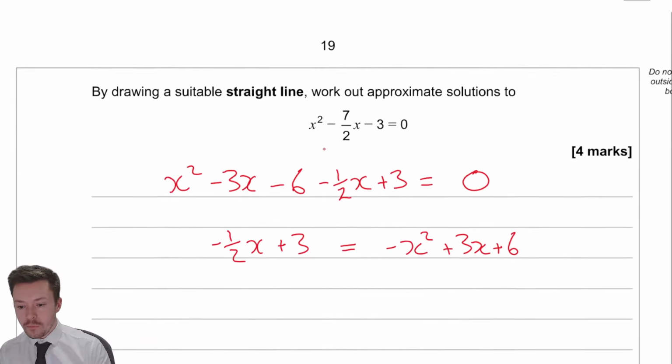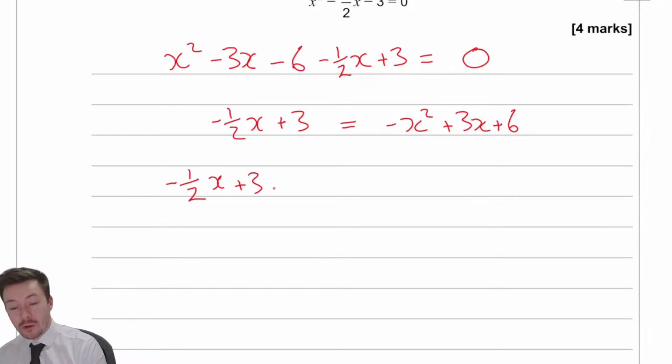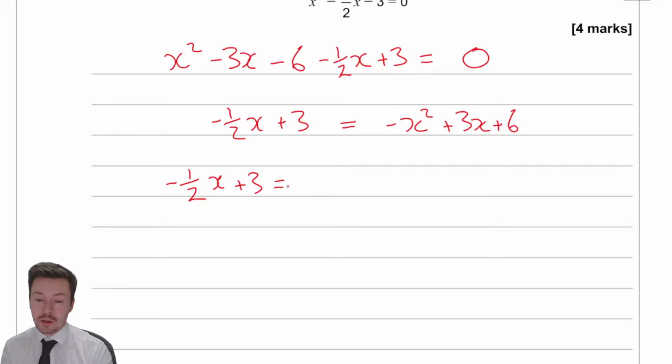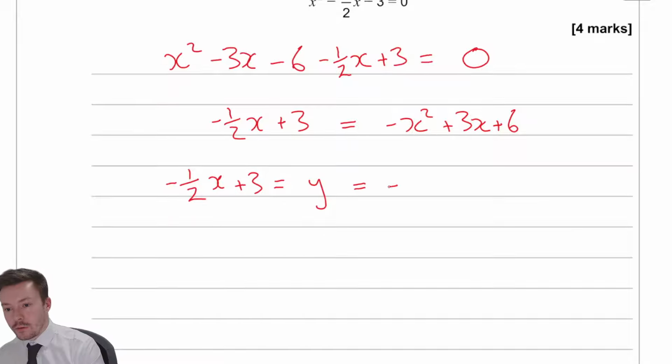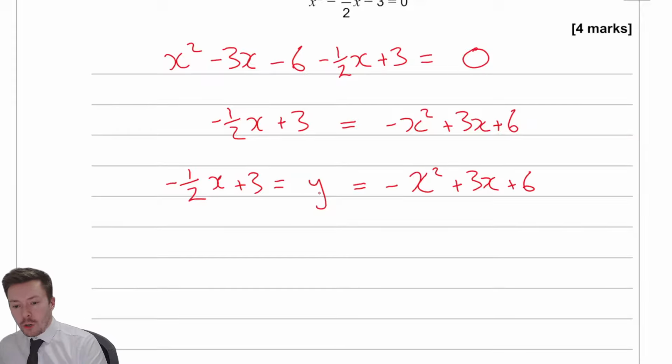Okay. Now, to make this explanation a little bit easier, and this is not the easiest question of this type that I've seen, to be honest. So if it's a little bit confusing at the minute, I could understand why, even if you're someone who's practiced this question before. If I put y in the middle, well, this is what's plotted.